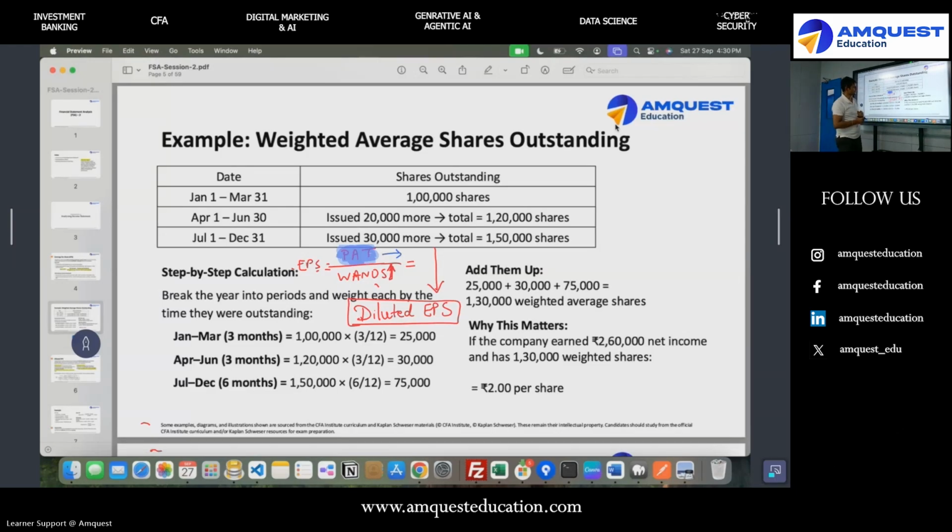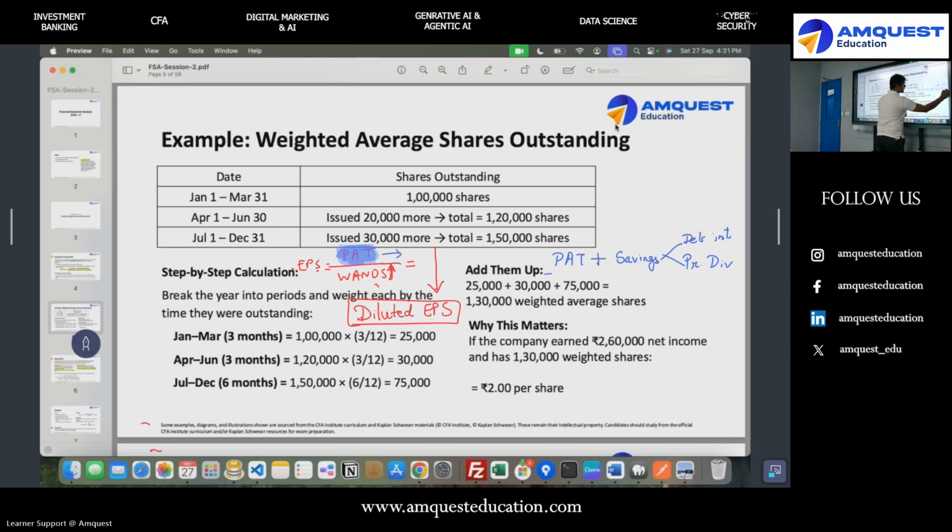So key learning: if I'm going to convert anything, my PAT will increase by the savings on conversion. And which will I save? I will save debenture interest because the debenture is converted, and I will save preference dividend if preference shares are converted.